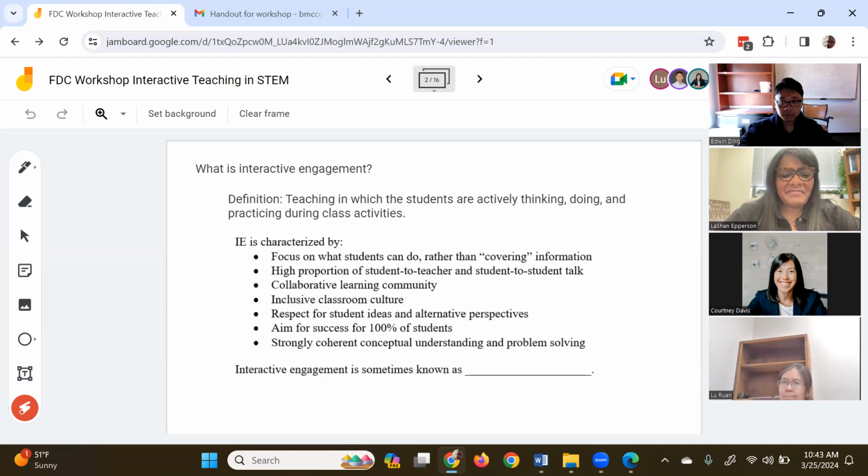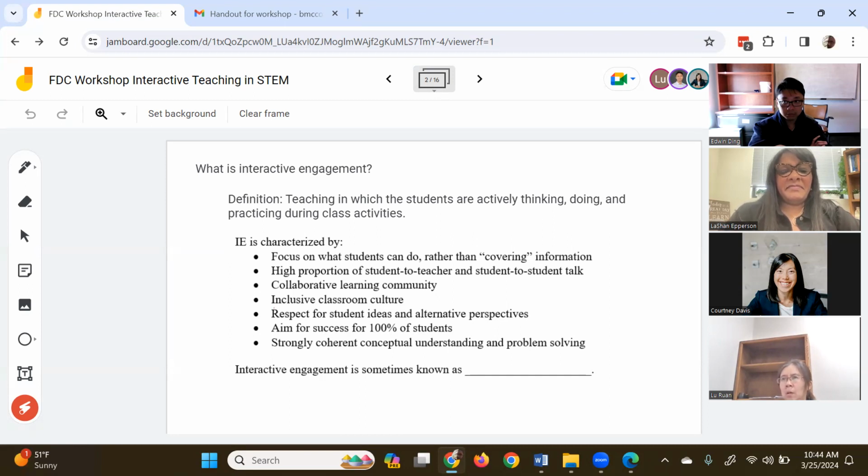They can get it from the book, they can get it from the internet. In interactive engagement classes, it's not just teacher to student talk. There's also a lot of students talking back to the teacher and students talking to other students. This often ends up creating a very collaborative learning community. If it's working well, everybody is invested in everybody else's learning and trying to do the learning together as a team.